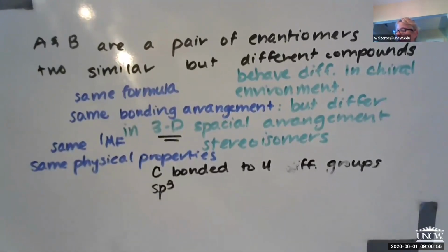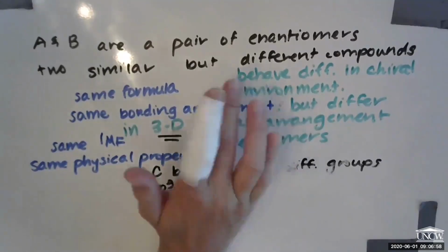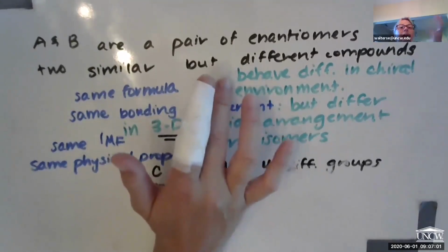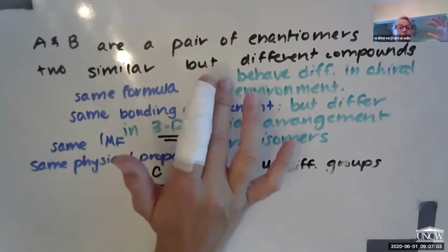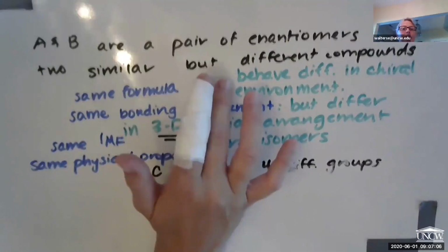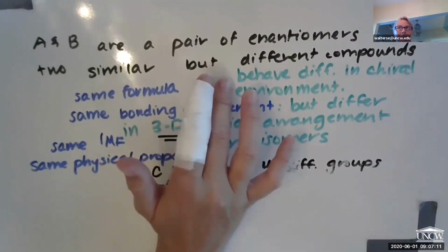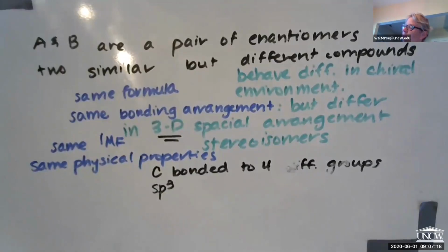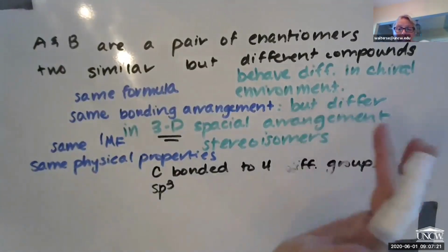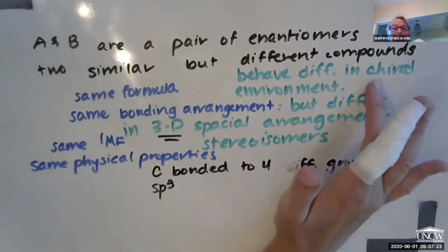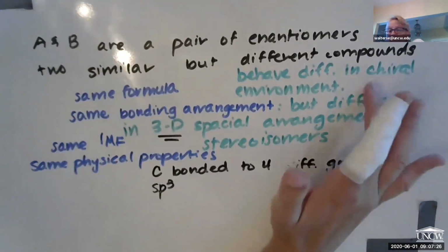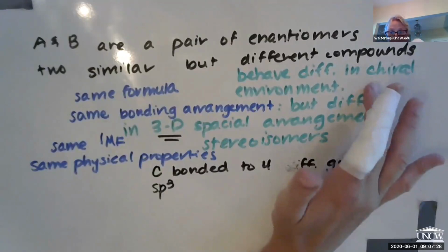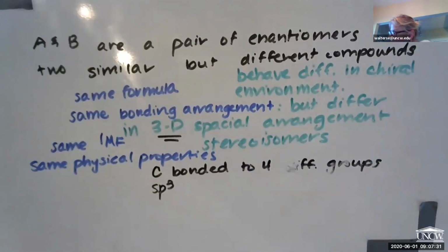In the case of albuterol, one of the enantiomers is going to unlock a mechanism to reduce the swelling or inflammation in your lungs, in the bronchial tubes. The other enantiomer unlocks a lock and key mechanism that in children can cause extreme hyperactivity. So you have a couple of different reactivity outcomes based on which of the enantiomers you're using.